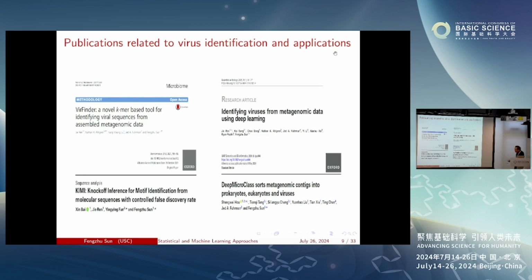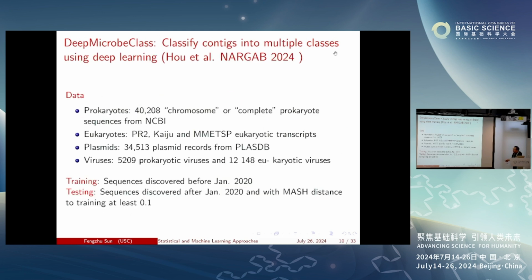So in our most recent work, we extend this work to the classification of sequences into multiple classes. Because this is mainly a mathematical conference, I will give you some outline of how we did it, the computational things. To build those deep learning models, we need to collect the data.